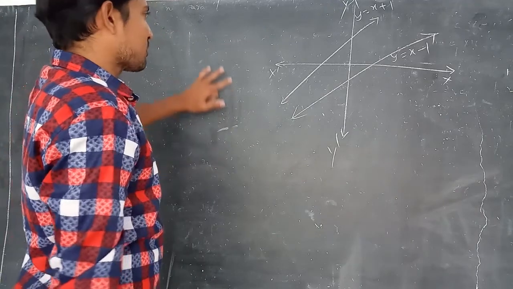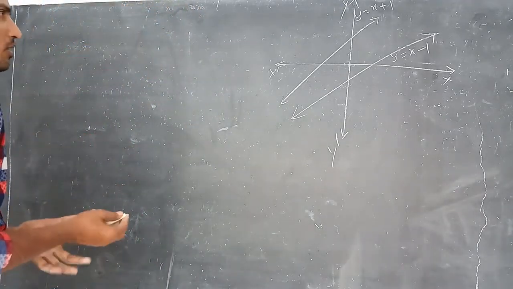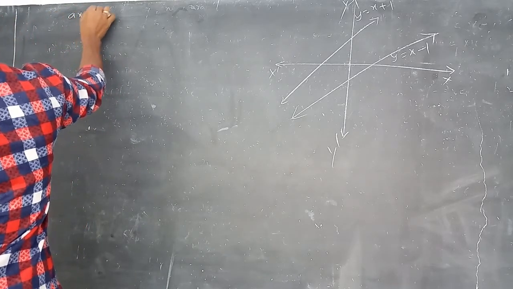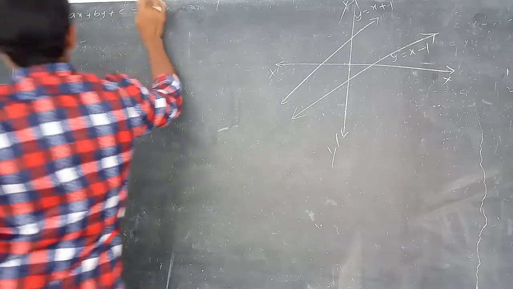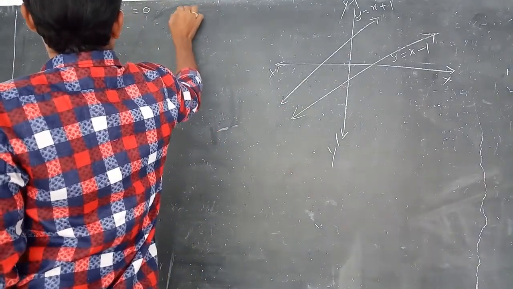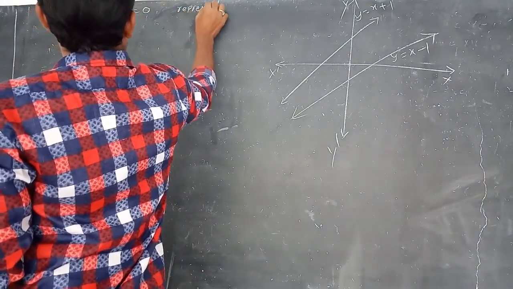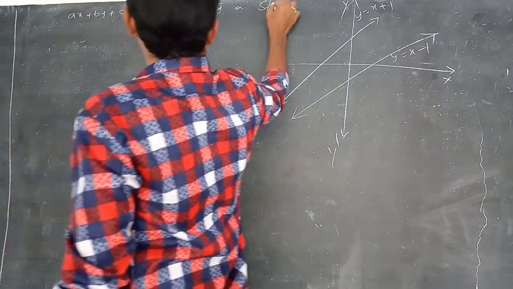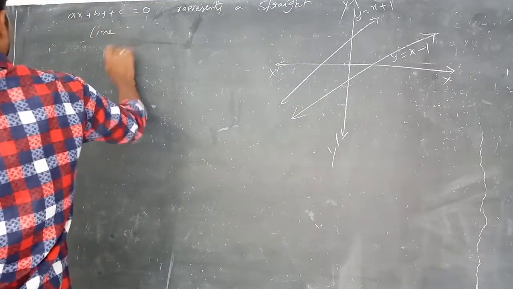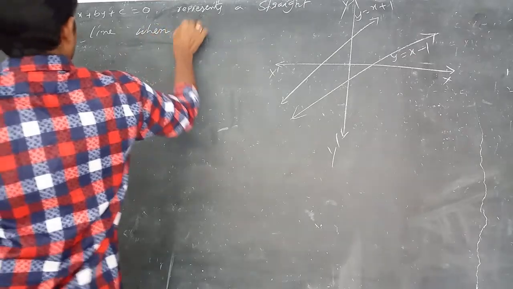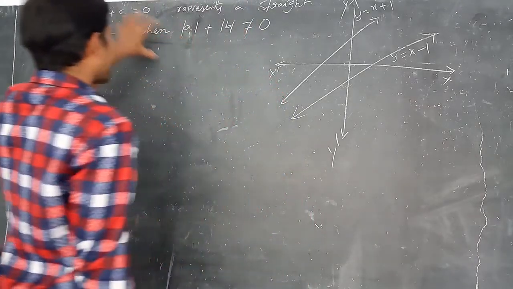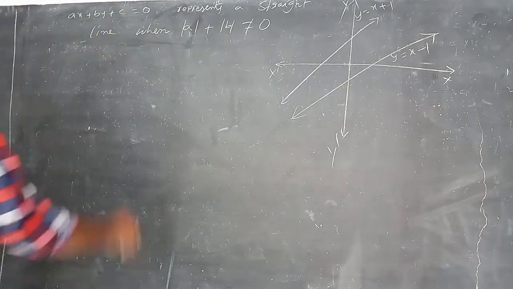Before going to that we have to discuss one thing. A line ax plus by plus c equal to 0 represents a straight line when modulus of a plus modulus of b is not equal to 0, that is, a and b are not simultaneously 0.